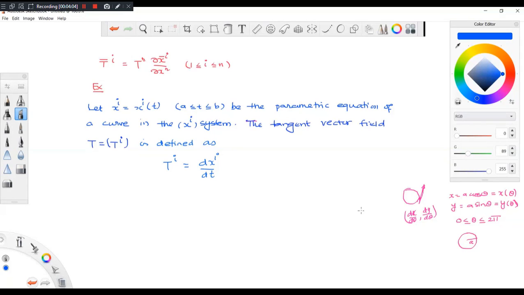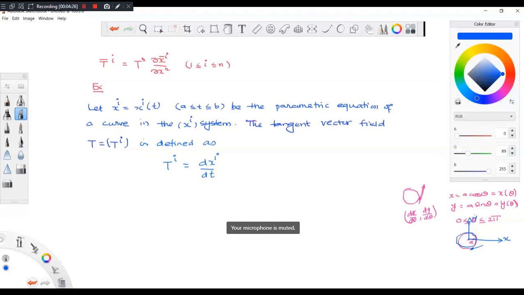Yeah, that's it. See, as I told you, suppose you take a circle and you take a point on the circle. What is the tangent? The tangent is given by dx by d theta and dy by d theta. So you have the x direction and y direction. This is the x direction and this is the y direction. So the circle is this.